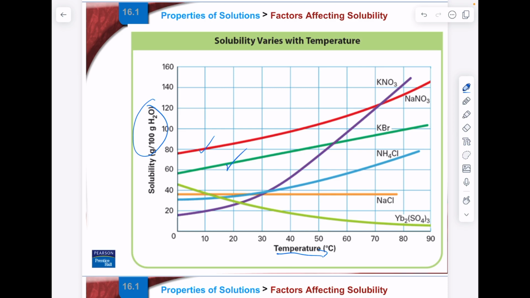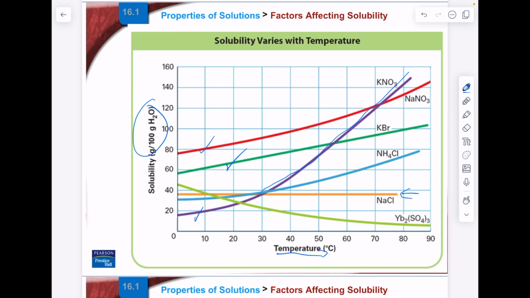Potassium bromide is very soluble. Potassium nitrate is very interesting. It's not linear at all, but it exponentially increases as it gets warmer and warmer. Interestingly enough, table salt, sodium chloride, is almost flatline. It barely increases in solubility as the temperature goes up.